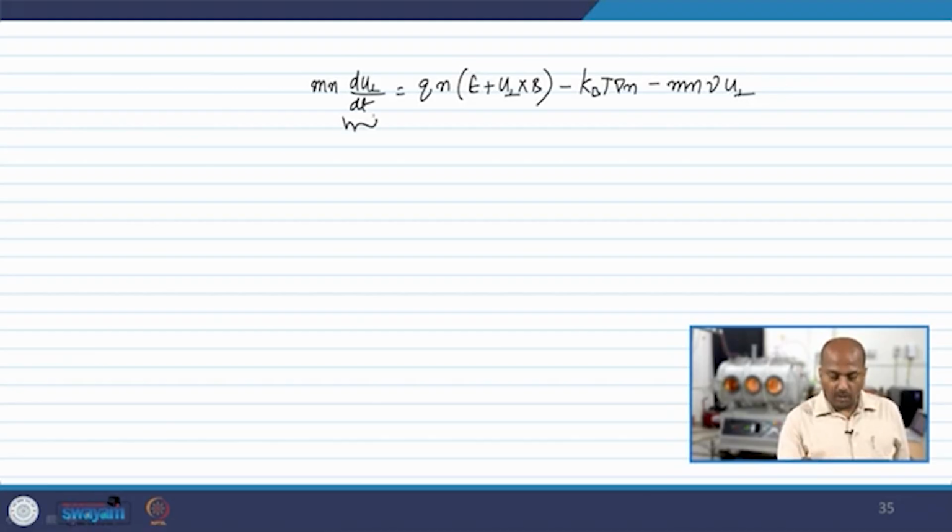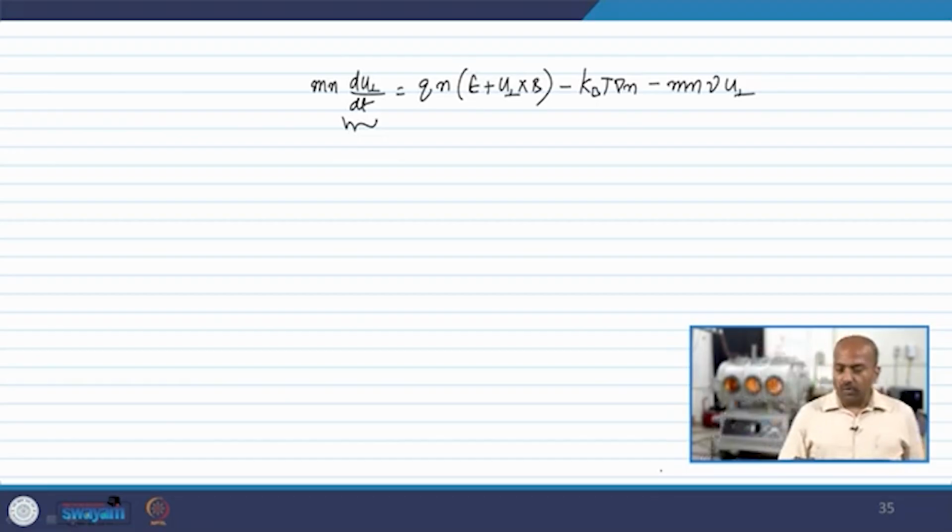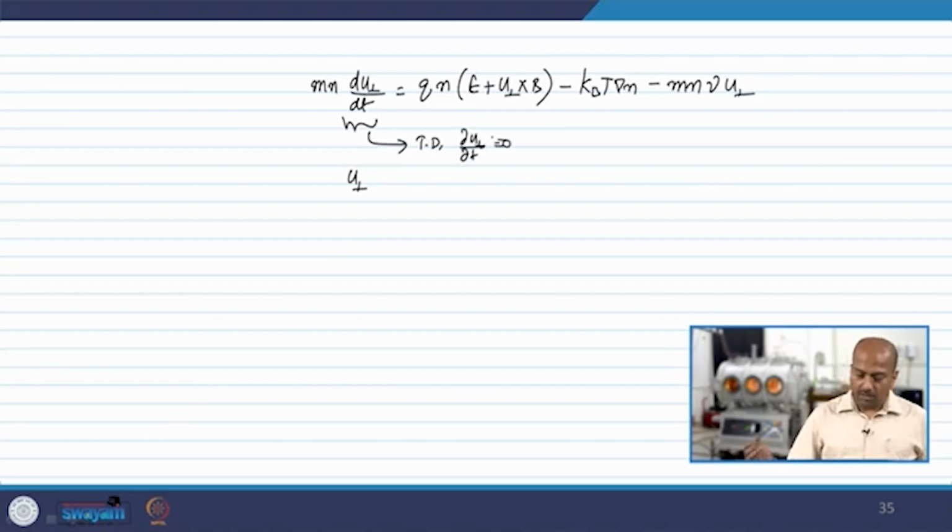So, this has to be a total derivative. So, the partial derivative will become 0 considering a steady state. So, what we will be left with is the advection term. Since these things are very much familiar to you, or we have discussed them multiple times, what we are interested in is to find out an expression for u perpendicular. Steady state means dou u perpendicular by dou t becoming 0.